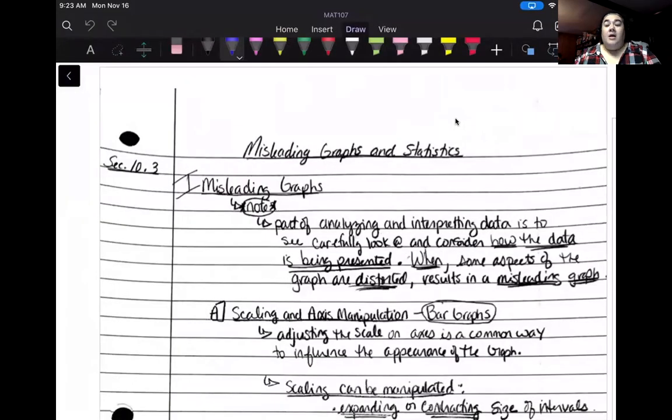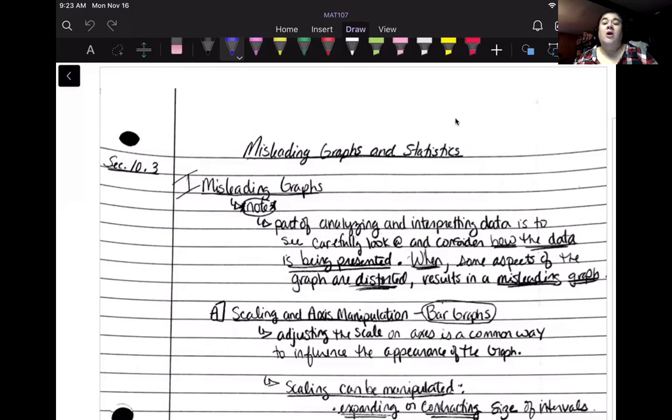Okay. So as you know, chapter 10 has been about statistics and dealing with how we interpret data, how to gather data sets, and how to understand and evaluate that data in a manner in which we can pull out all the necessary and important information, understand it correctly and in the proper context. This section primarily, as you can tell by the title of the notes, focuses on the things that can be done that mislead you when you are receiving statistical analysis of a data set.